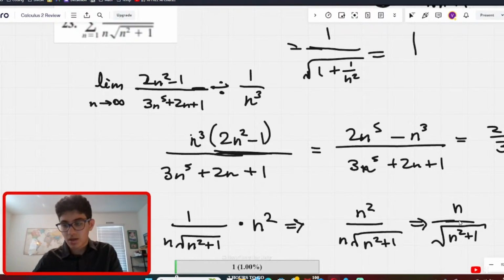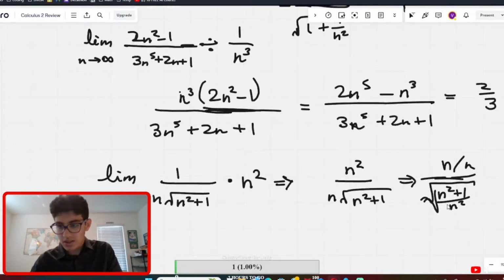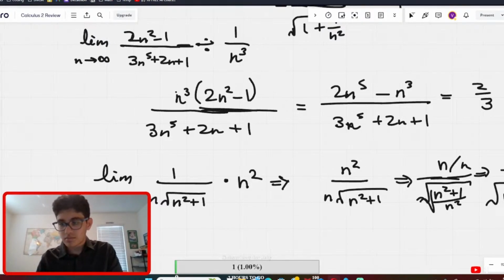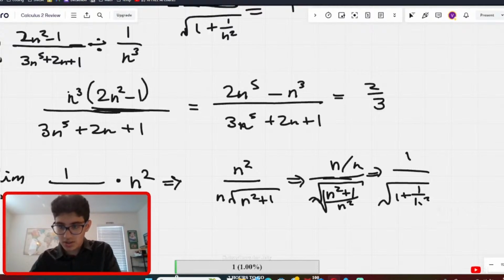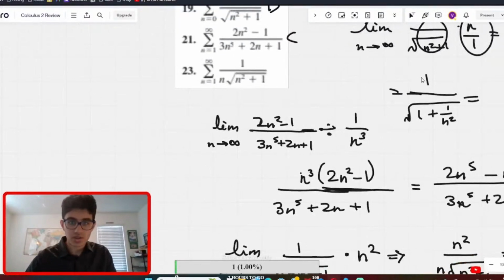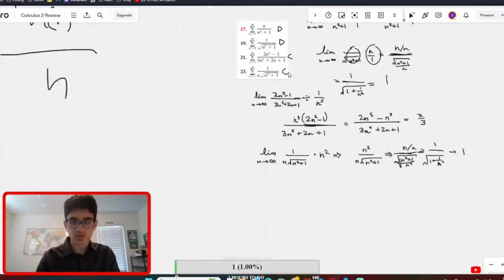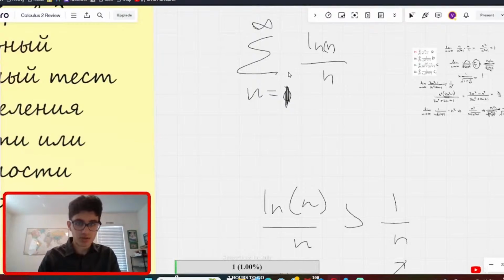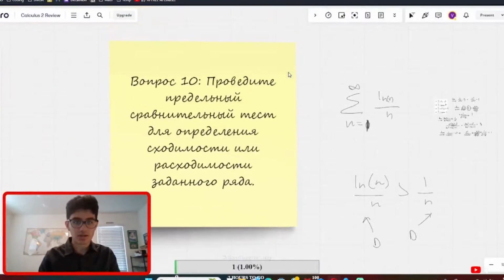If you divide it by n and divide this by n squared, since it's under the radical, you get the same thing as above, 1 over the square root of 1 plus 1 over n squared. The 1 over n squared goes to 0, so this goes to 1. And since we divided it by 1 over n squared, which converges, this whole thing also converges. Okay, that was fine. Those are much easier than I was expecting, so that's perfect.